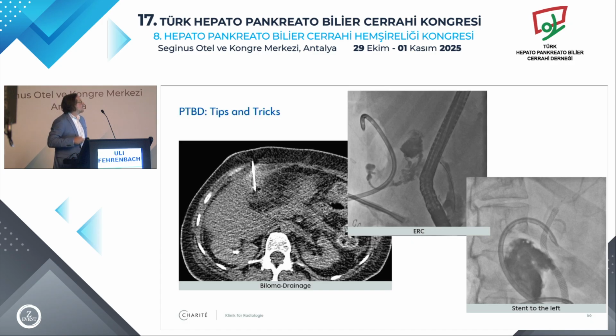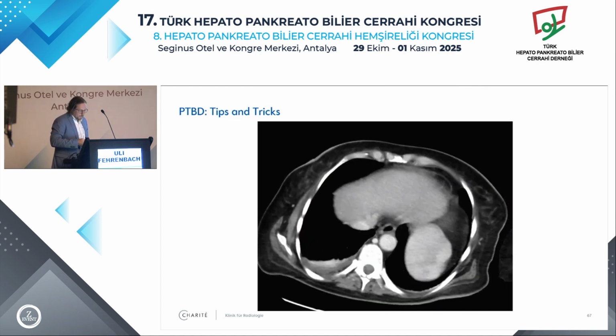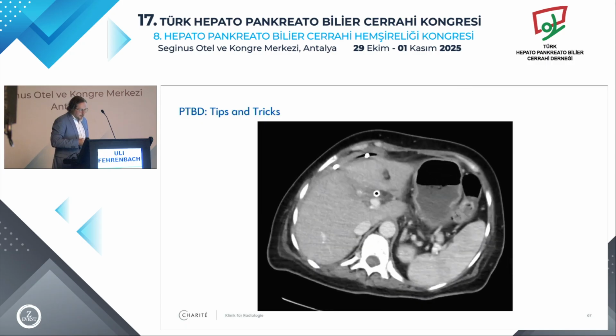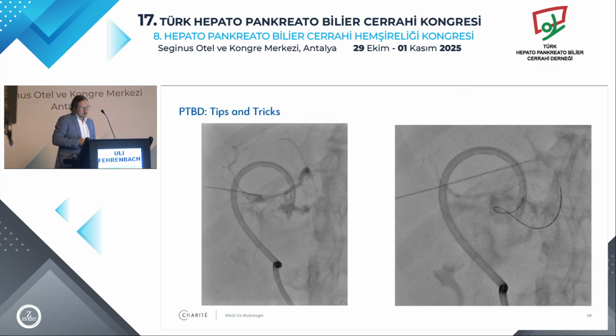And you can see that there's a large defect in the right main duct, and the endoscopist could not cross the leaking side, so he put in a stent to the left, which doesn't make sense to me at all, but he did it. So we tried to go into the right duct percutaneously, but unfortunately our wire always went into the bilioma.